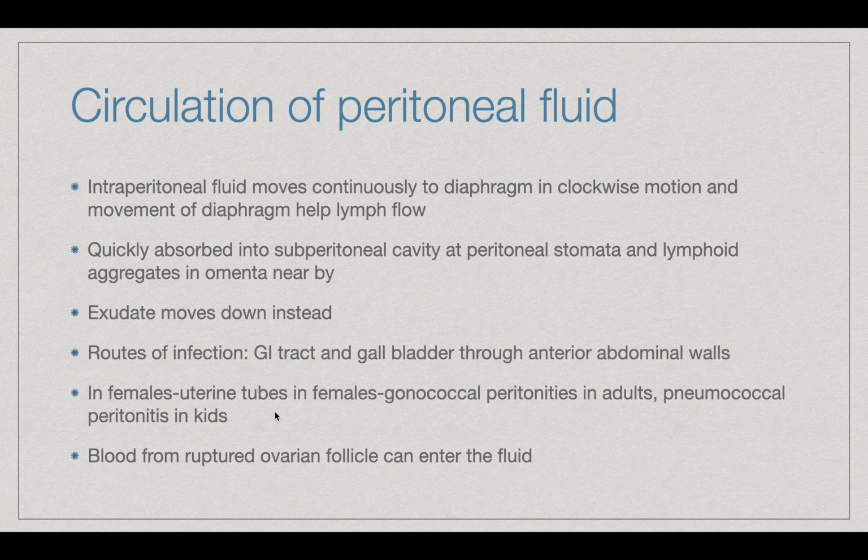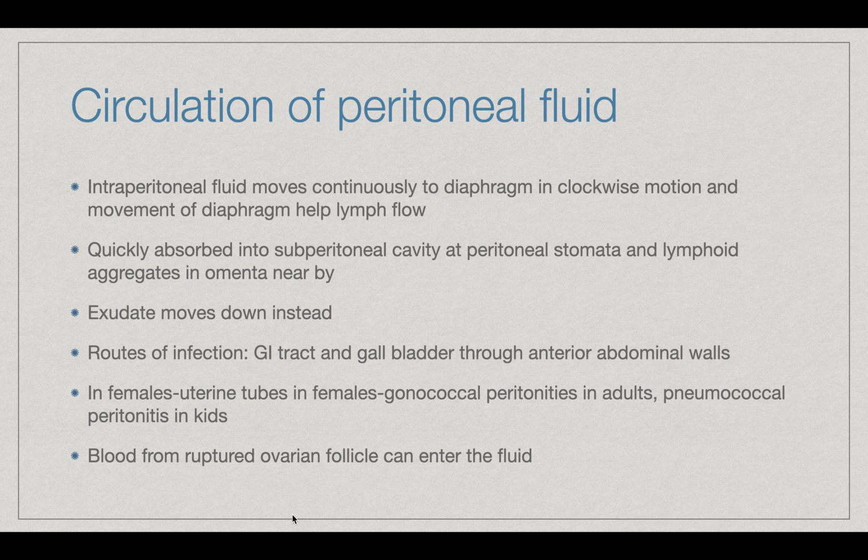And this is how the infections occur, because the GI tract and the gallbladder can go downwards due to the colic gutters. In females, of course, there's going to be the uterine tubes that can be infected. Generally it happens because of gonorrhea infection in adults and pneumonia bacteria in kids.